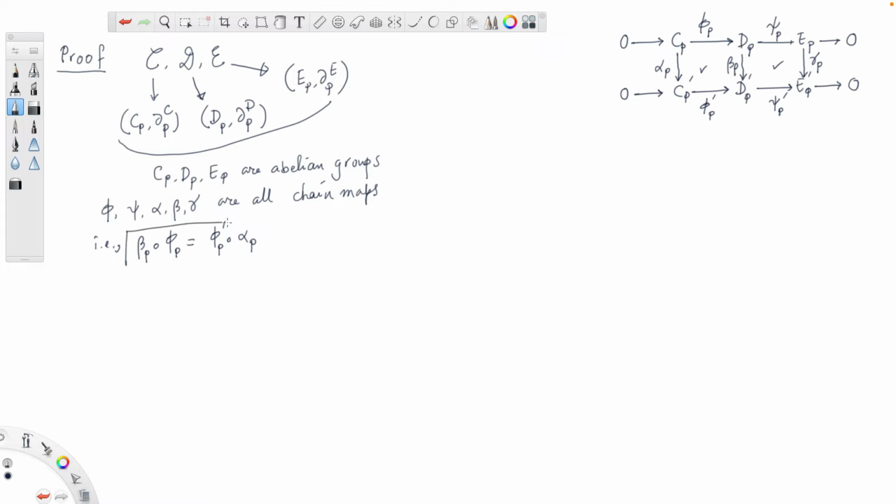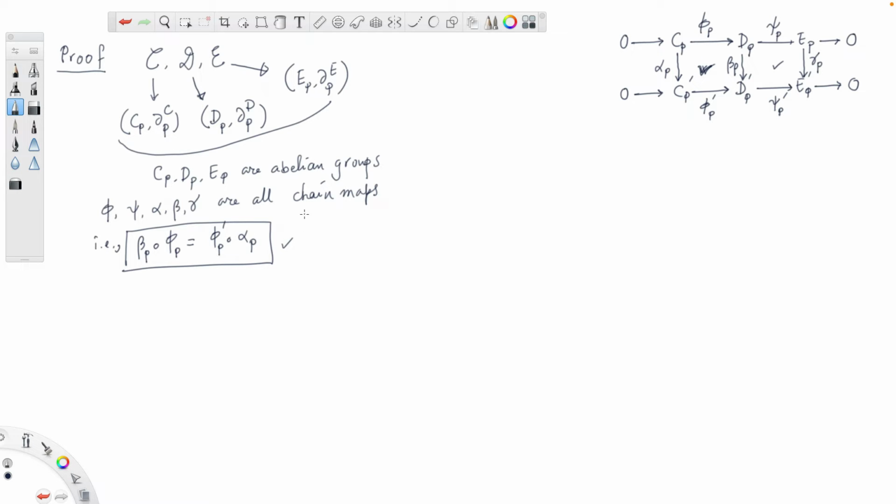This equality follows from the commutativity of the diagram on the left, right? Phi p prime composed with alpha p is equal to beta p composed with phi p.